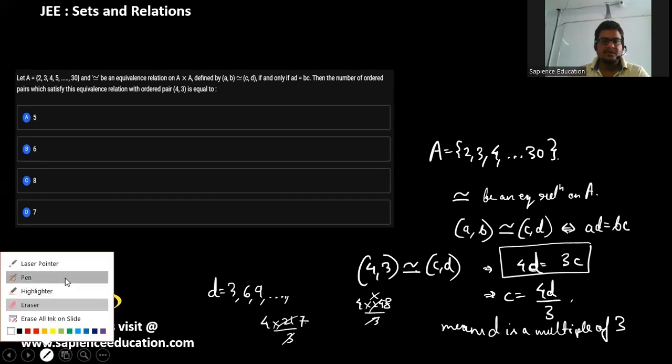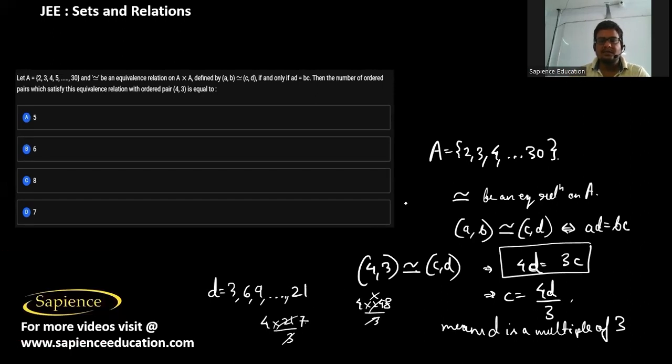It means that we can take the values of D till 21 and C will be 4, and then 6 by 3, that is 2, 2 eights are 8 and 4 threes are 12, and then till 3 sevens are 21, 4 sevens are 28. It will go till 28.